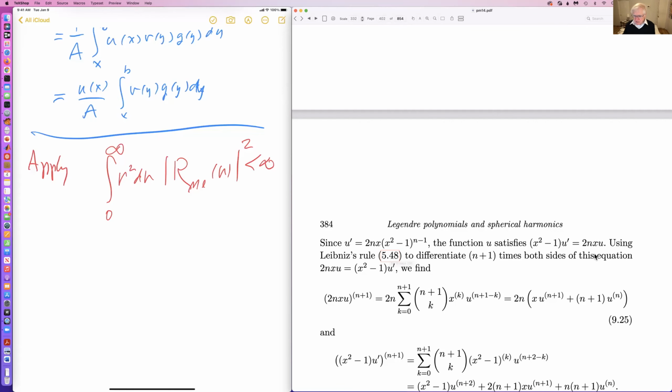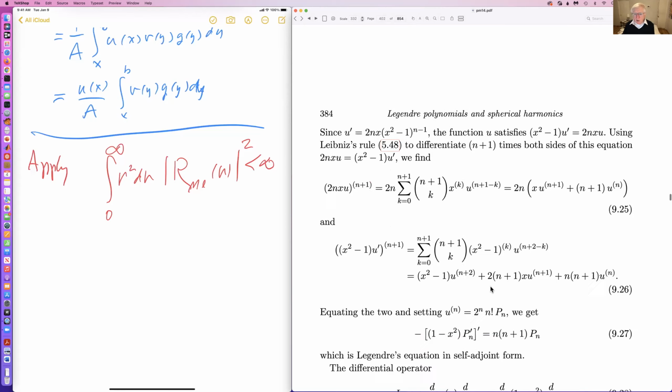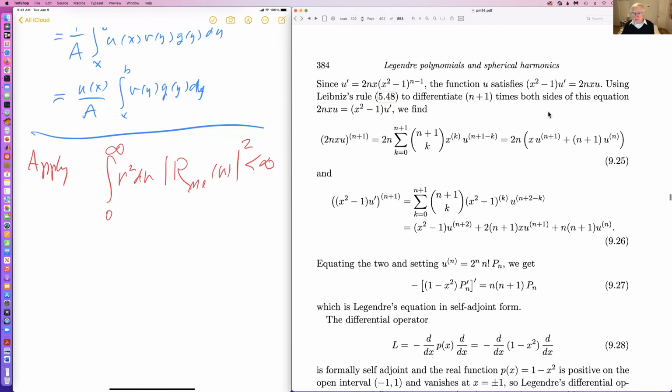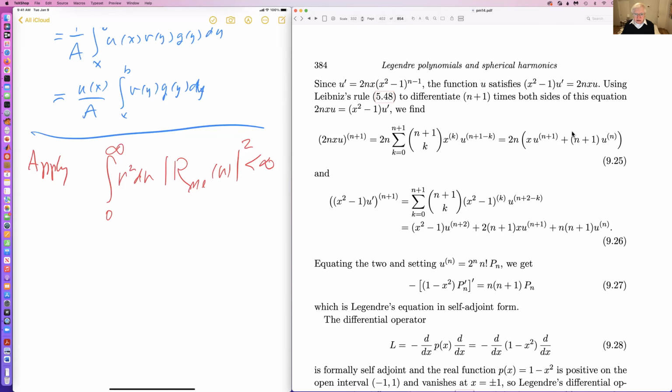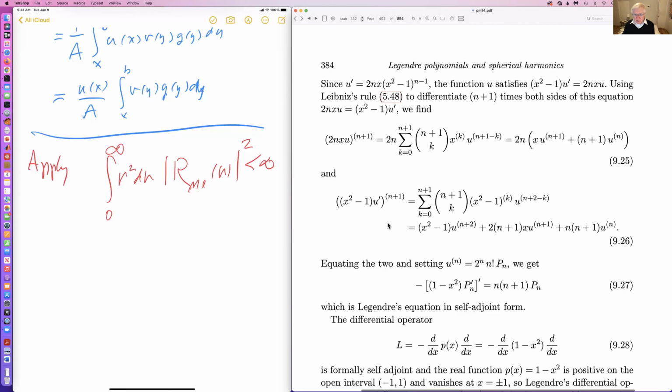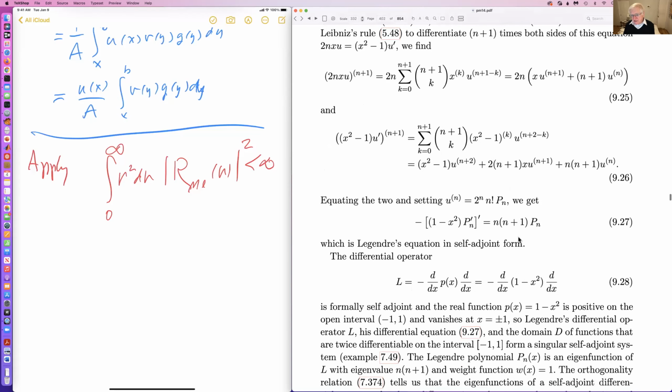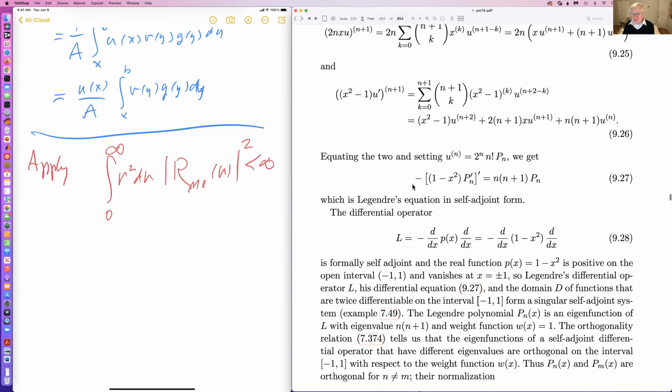We differentiate both sides of this equation and we get this expression here, and we also get this expression equating the two. We get finally Legendre's equation in self-adjoint form.